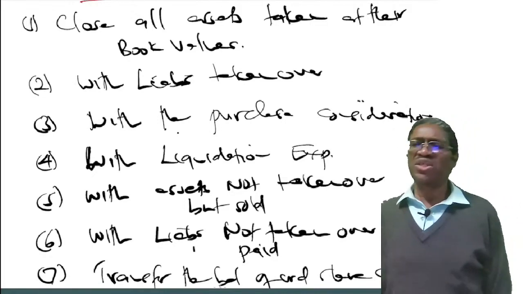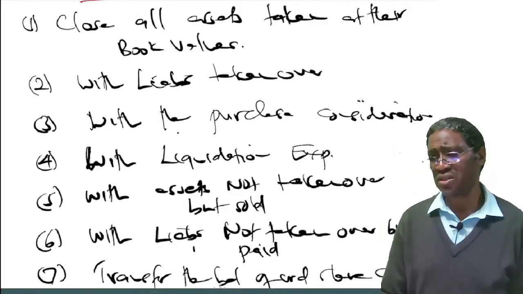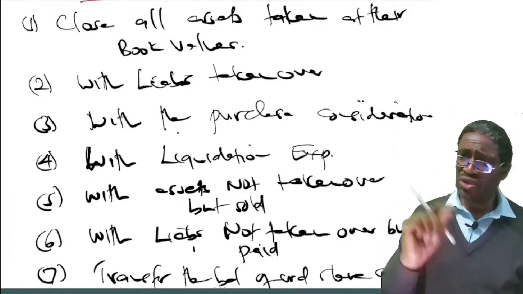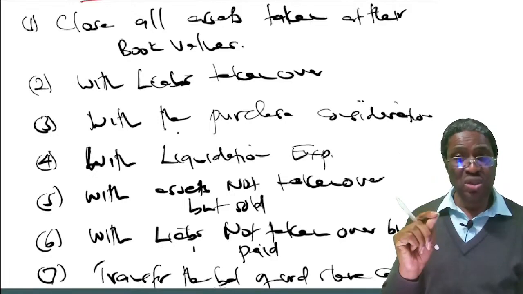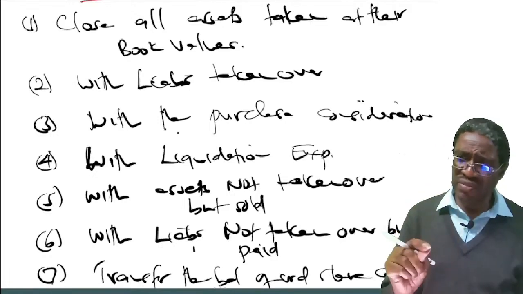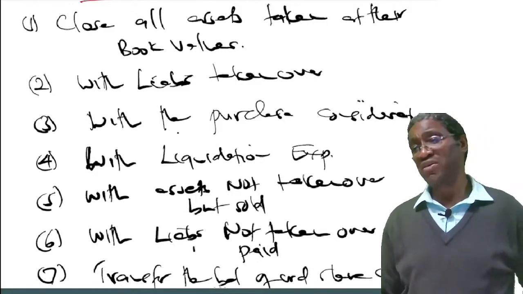Listen, what if you, company A, you have an asset which company B did not want to take over in step 1, and two, you as A Limited could not get somebody to sell it to in step 5?